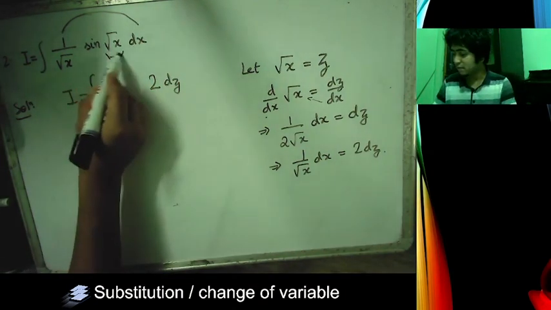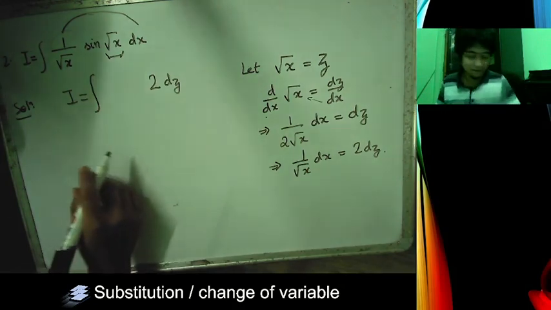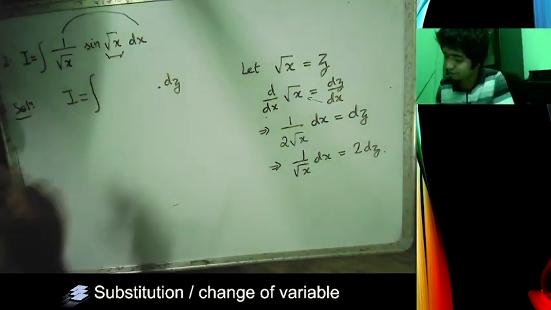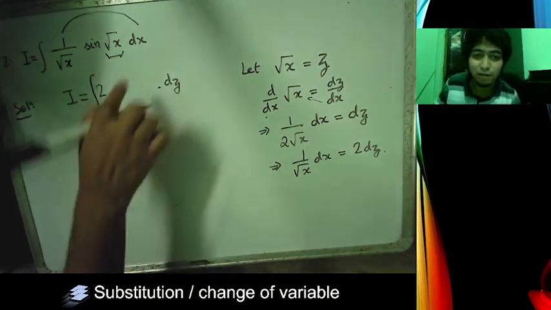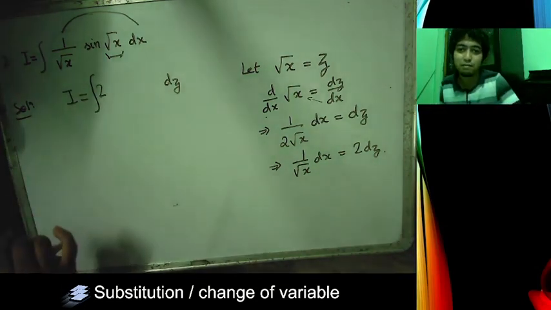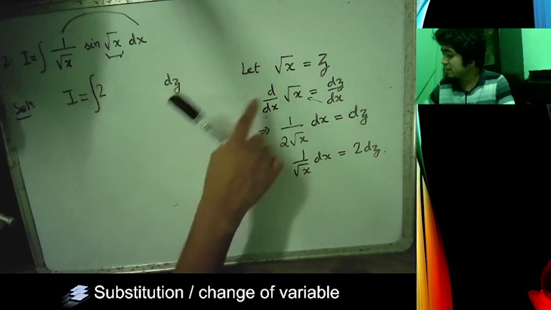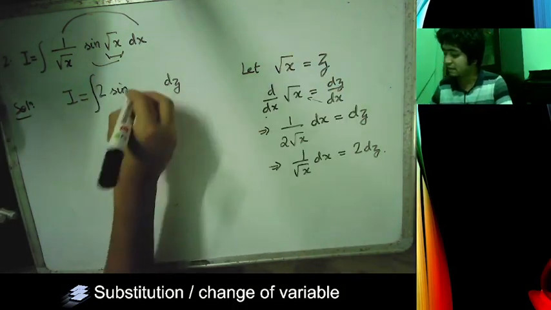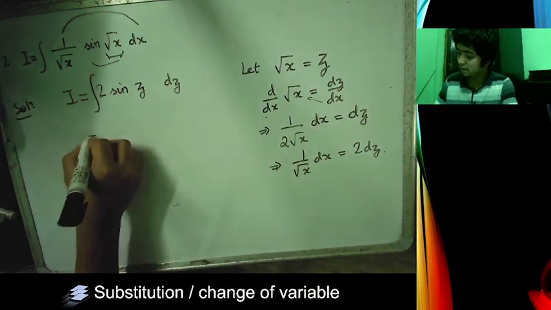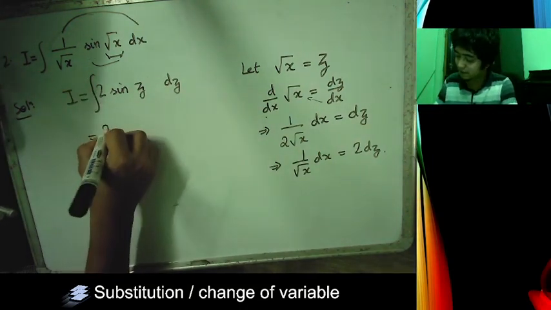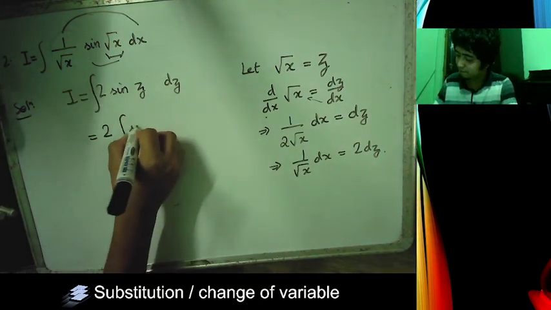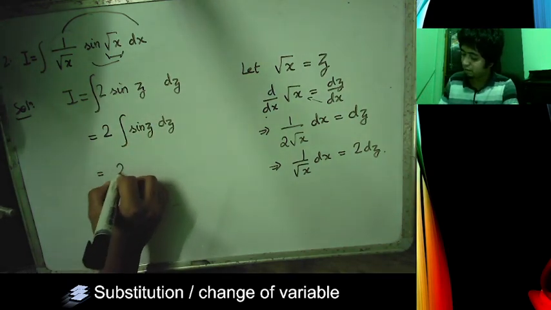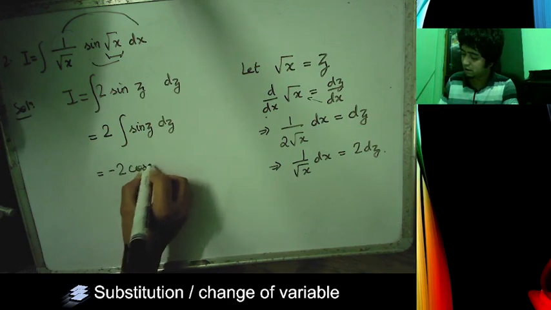Now this one becomes sine root x, but over here the constant, we will always write it in front. Of course we can write it to the back, but it looks complicated if we write it to the back. And sine root x will become sine, instead of root x you will be having z. Again the constant you can take it outside. So you will be having 2 integral sin z dz.